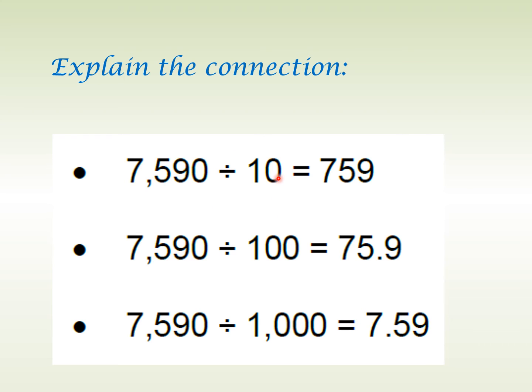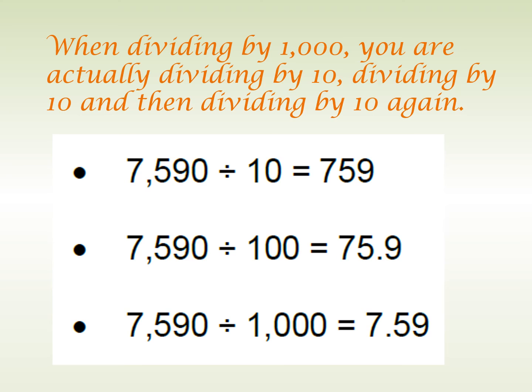Or we can divide by 10 and then divide by 100, and that's the same as dividing by 1,000. That's because they are all so closely linked. They're what we call powers of 10. So when dividing by 1,000, you are actually dividing by 10, dividing by 10, and then dividing by 10 again. 3 moves on our place value chart.